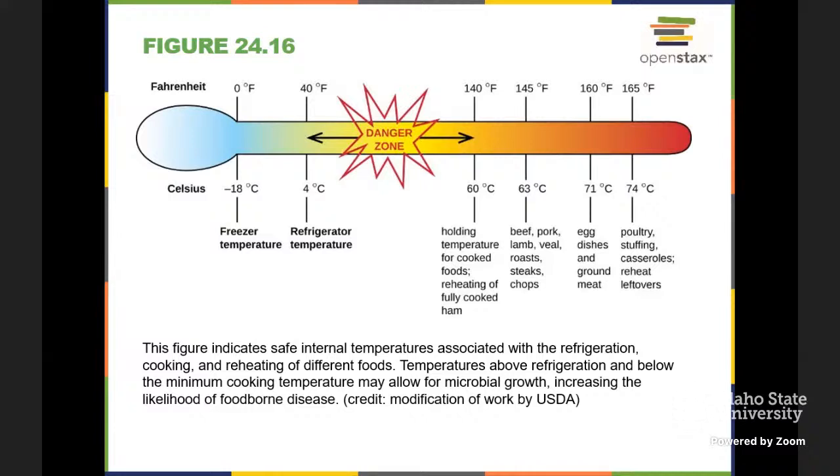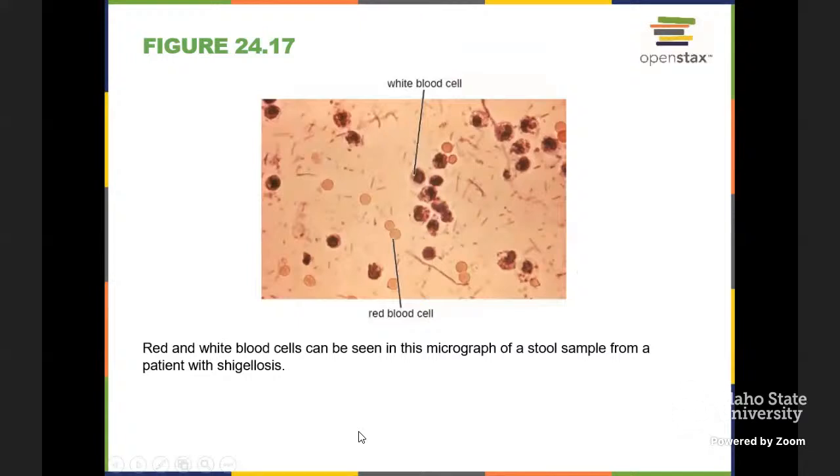In those instances, we call it an intoxication because of the toxins, not an infection with the microbes getting in and taking hold. So it's a little bit different dependent upon who we're talking about. So all sorts of different bacteria, all sorts of organisms, more than just bacteria, can cause issues when we're thinking GI.